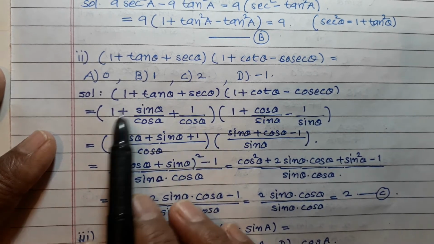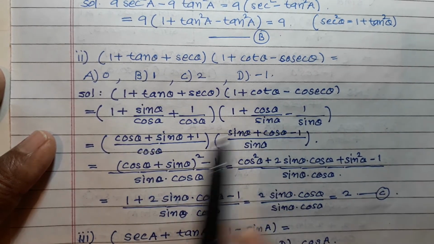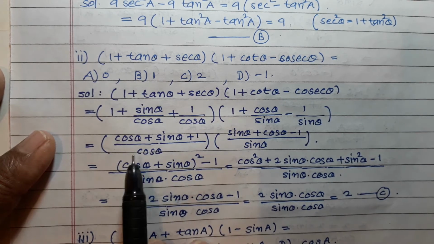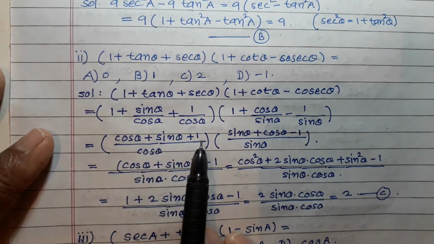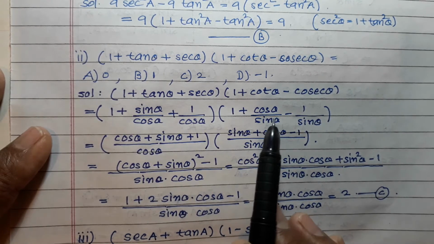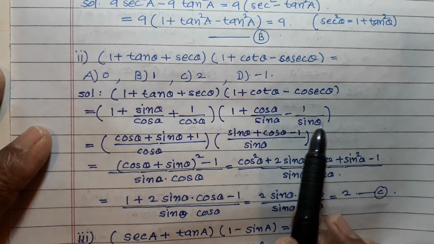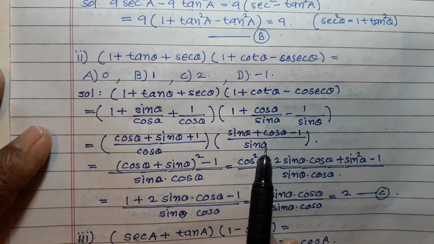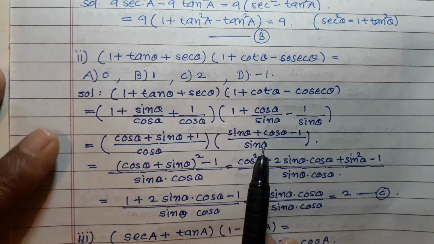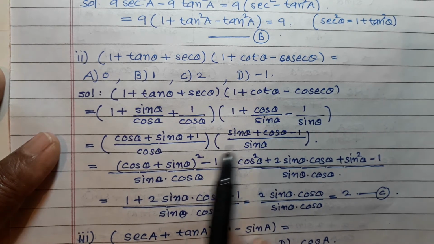Simplify this. So you add all this. The denominator is cos theta, so cos theta plus sin theta plus 1, and here the denominator is sin theta, so sin theta plus cos theta minus 1 upon sin theta. Then simplify this.